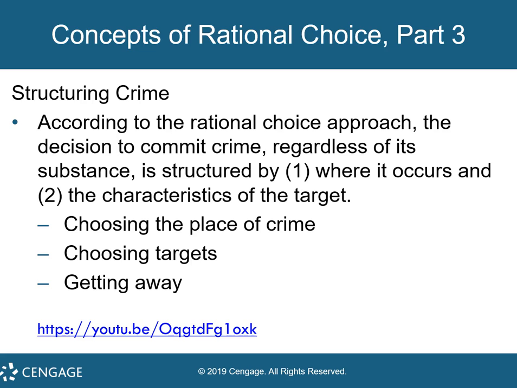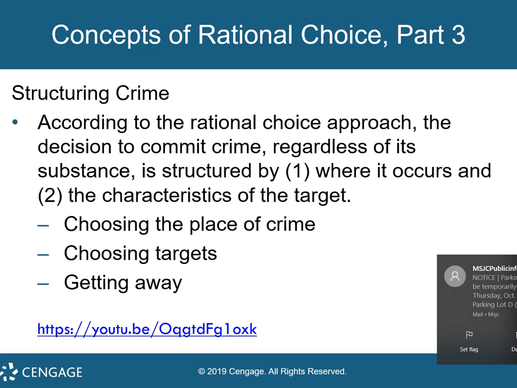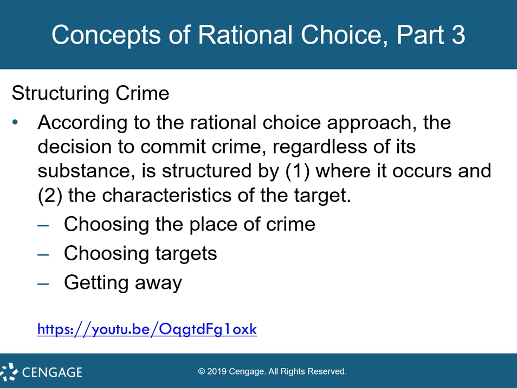So according to the rational choice approach, the decision to commit crime, regardless of its substance, is structured by, first, where it occurs, and second, the characteristics of the target. Okay, so let's take a look at that.